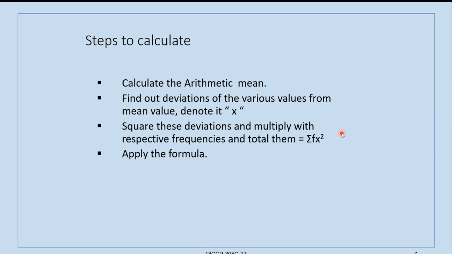We will take the product of fx and then we will add all the products of fx and we will get sigma fx. And n is the total frequencies, that is also called sigma f.